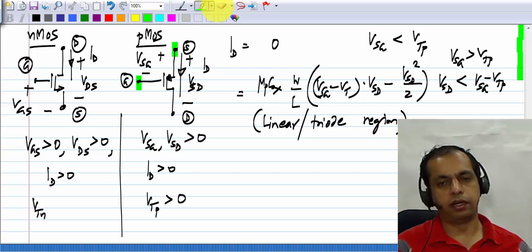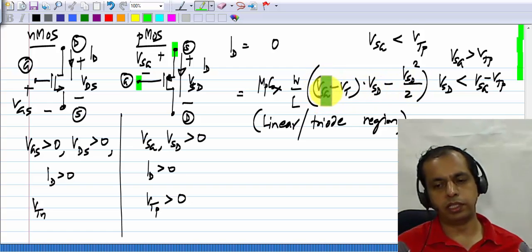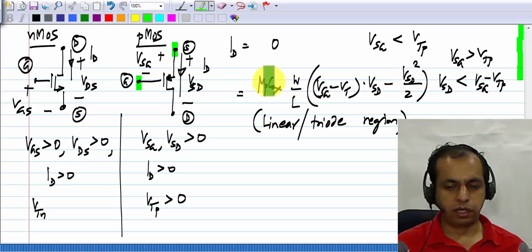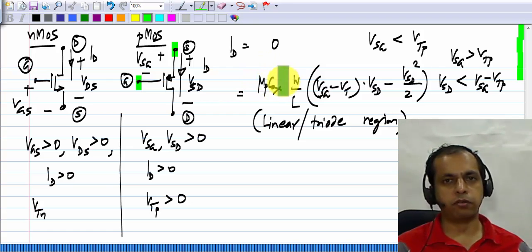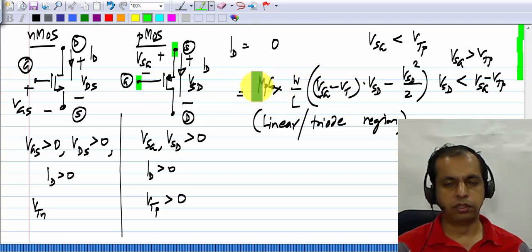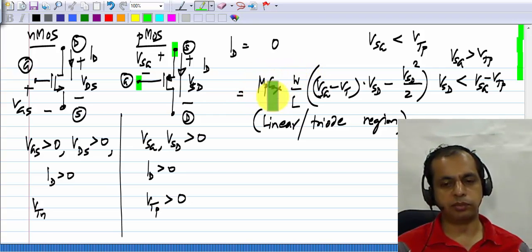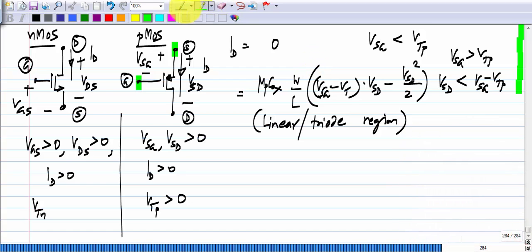You can see that again the equations are exactly the same. Instead of VGS we have VSG and instead of VDS we have VSD. That's all. And also this parameter we denoted mu p Cox. The mobility of holes or the p-type carriers is different from the mobility mu n of electrons. So we use a different symbol for this. Mu p Cox is different from mu n Cox. It's usually smaller than mu n Cox.